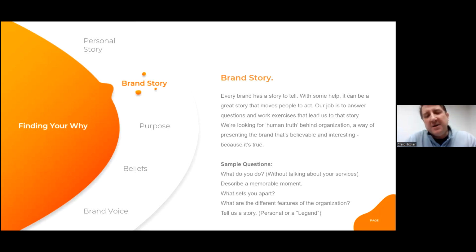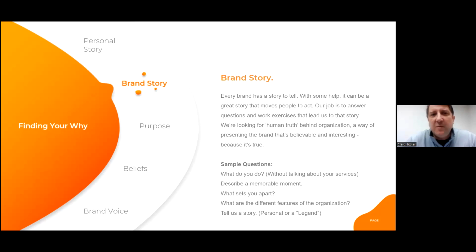But I do have a caveat when I tell people that you're looking for truth: it can also be aspirationally true. It could be something that you want your organization to become, in which case we turn these questions into a mirror and ask, how do we make these more true? And we'll come back to that question in a second.